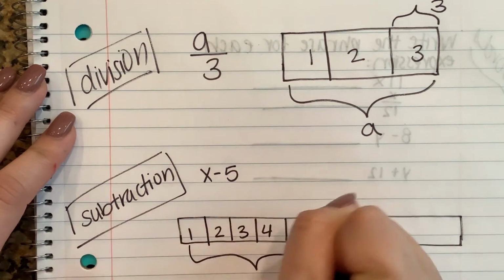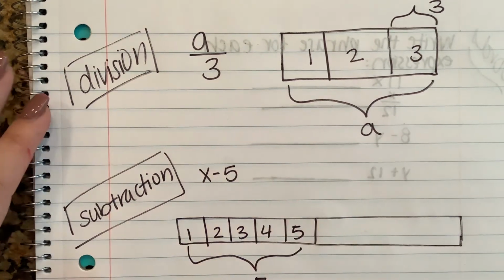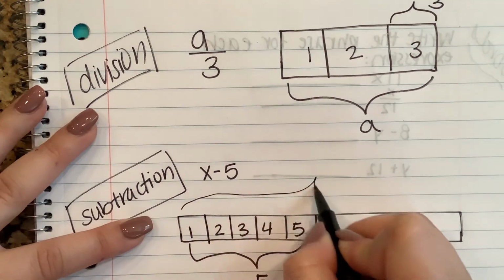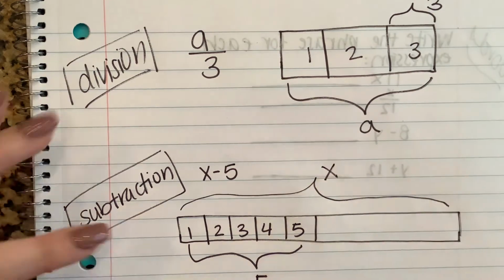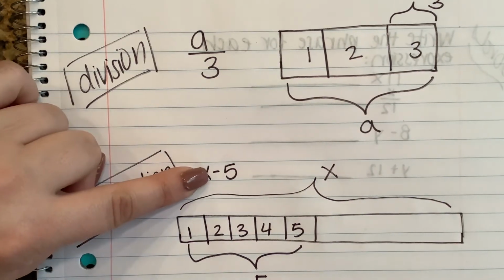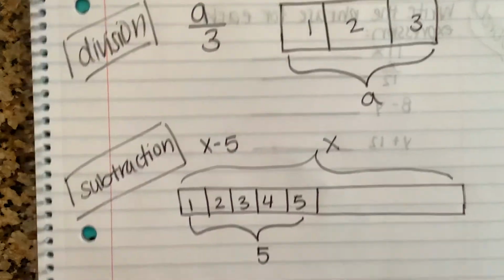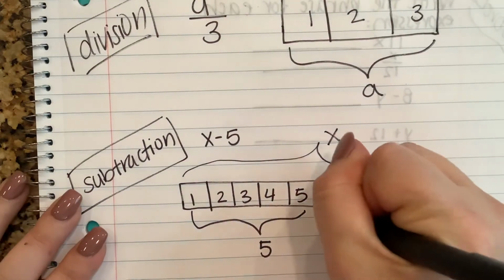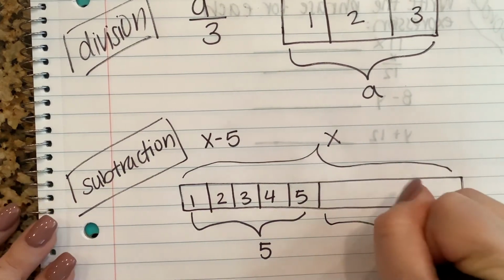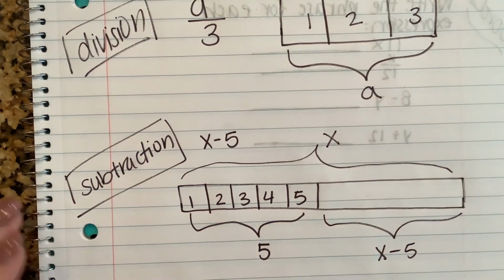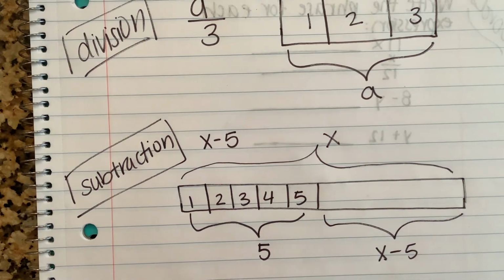So that's going to represent the constant 5. This entire bar is representing x. So I'm doing x minus, or take away, 5, my constant. Now over here, the part that I don't know is my x minus 5, so we're just leaving that part as x minus 5. So today we've modeled addition, division, and subtraction.